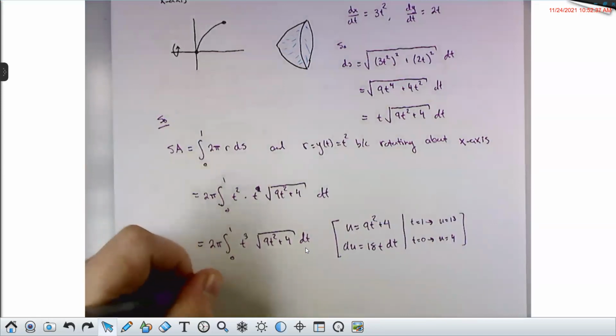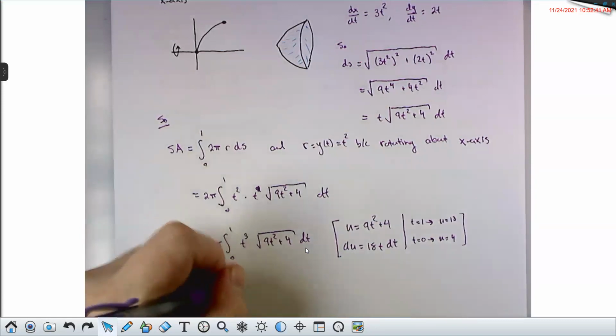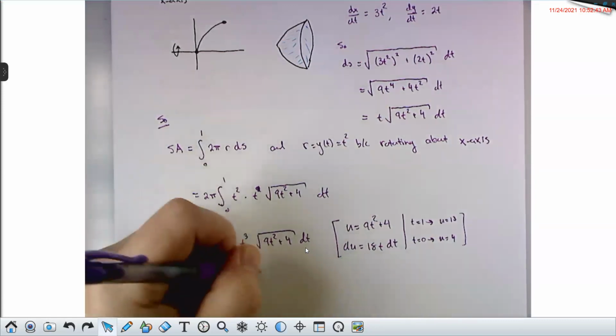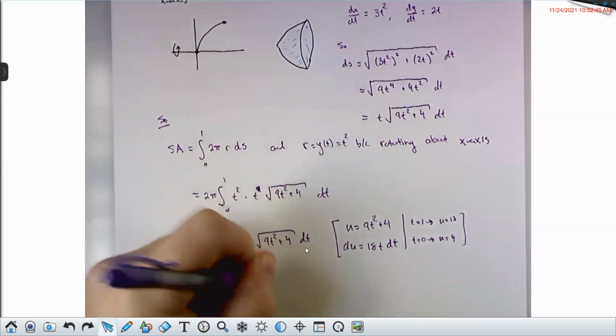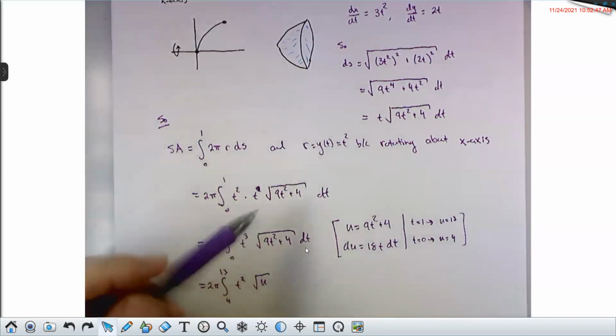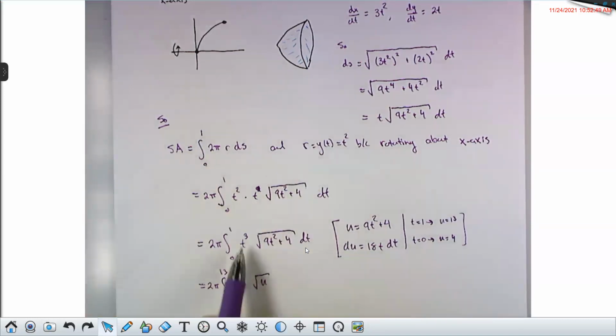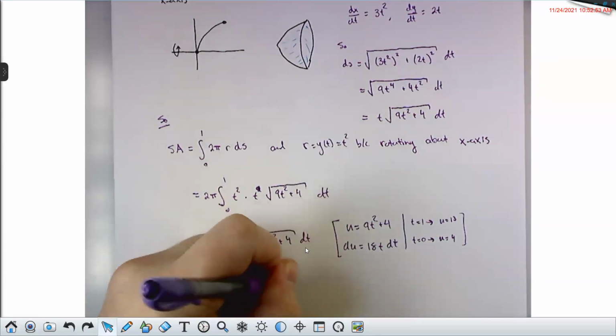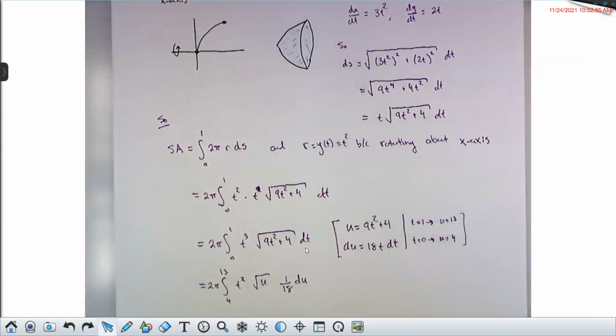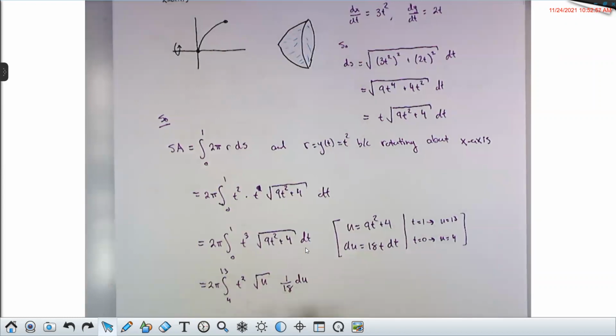So this will be 2 pi integral 4 to 13. I'll write this as t squared times the square root of u. One of these t's is going to get soaked up here. That leaves me a t squared there. And then I'll have 1/18 du left over, right? t dt is 1/18 du.